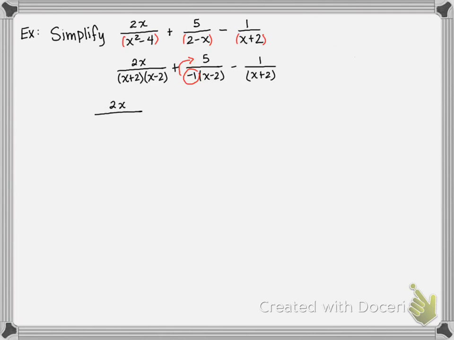Now that we're ready to get common denominators, I'm going to write this as -1 times 5. Anybody okay with me just writing it as -5? That would be easier.